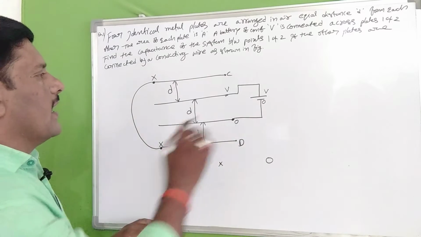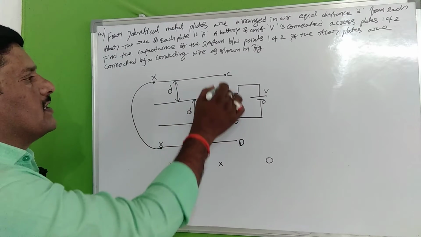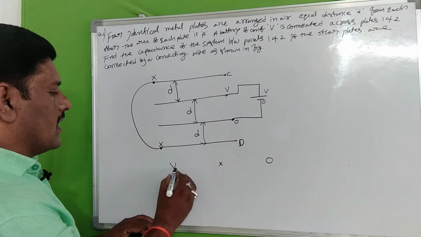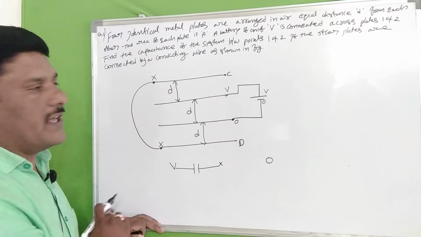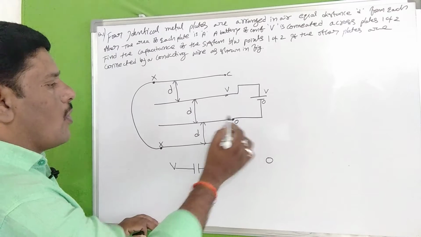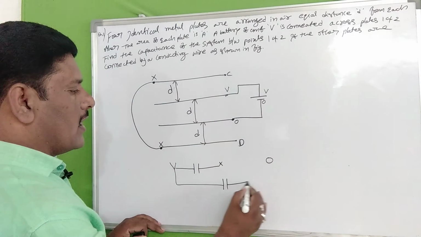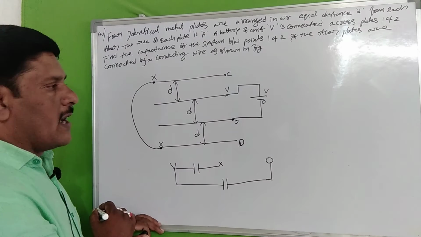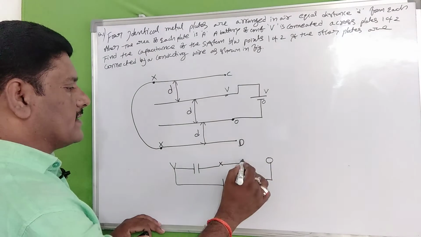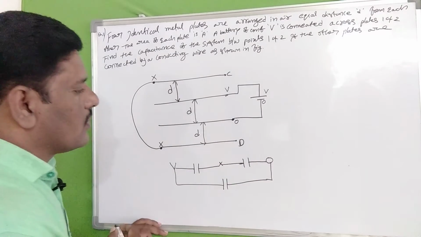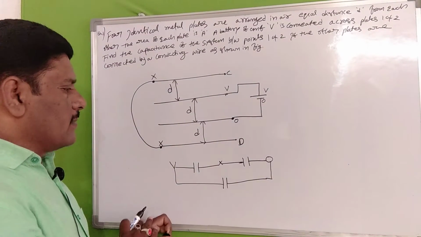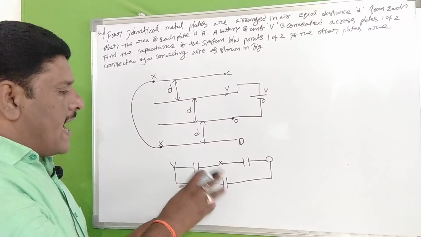The potential difference between V and X gives one capacitor. Another capacitor is drawn between V and O. Finally, another capacitor is drawn between O and X. So the system is converted as in the following figure.